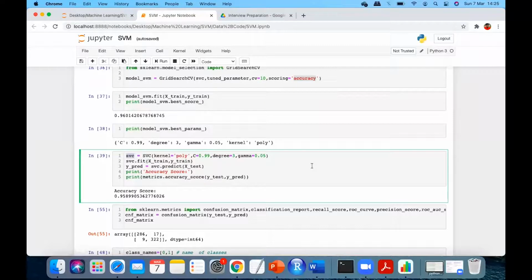Someone else will take this deployment class, using AWS, GCP or Azure, any of the cloud platforms. After that, there will also be a Power BI class, in which you will be shown how to showcase the results in Power BI: charts, your accuracy, precision, recall, confusion matrix, all those things.